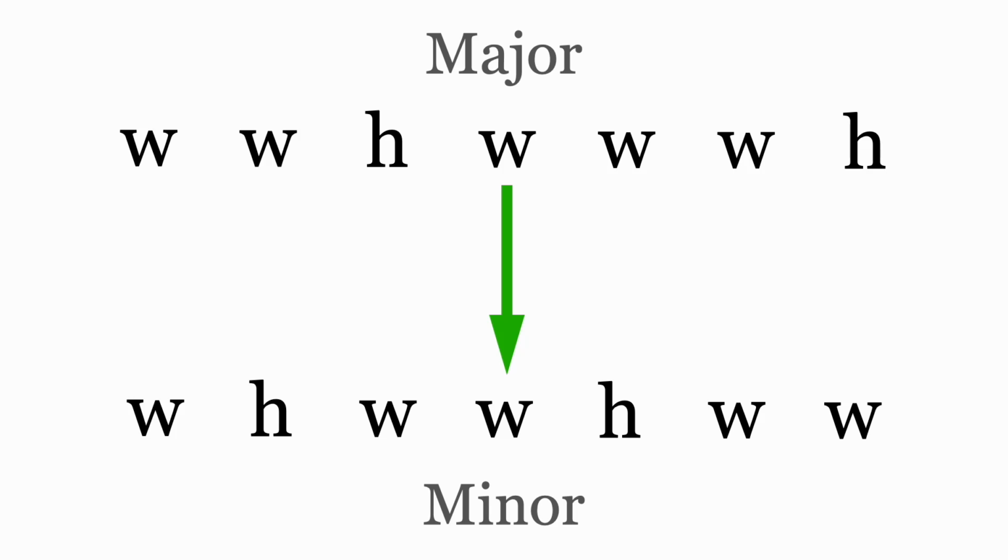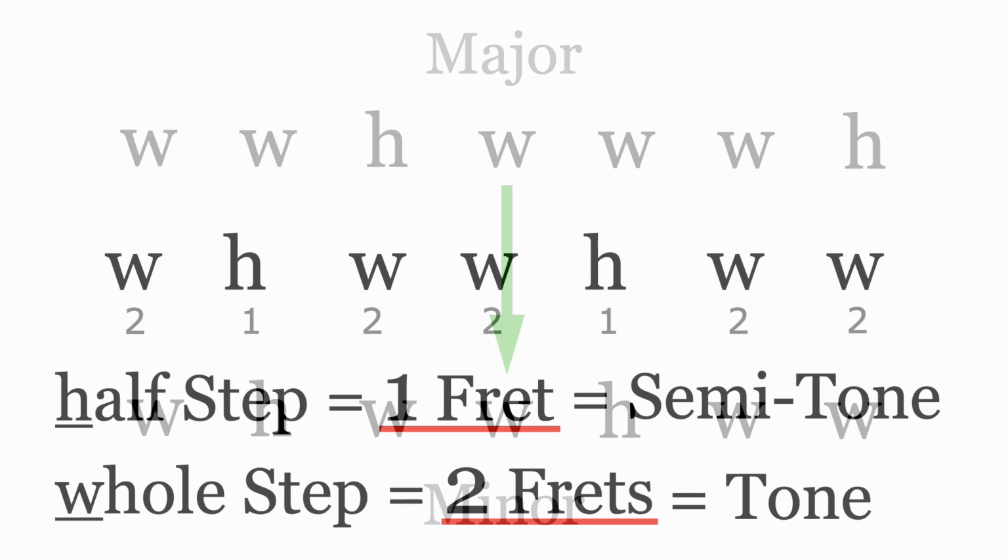As opposed to starting off on the first whole step, we're going to start off on the whole step after our A, our 6th note in the scale. So we're just starting on our 6th and making that our first. That's it. That's how we're getting the minor pattern. That's the whole scoop to it.